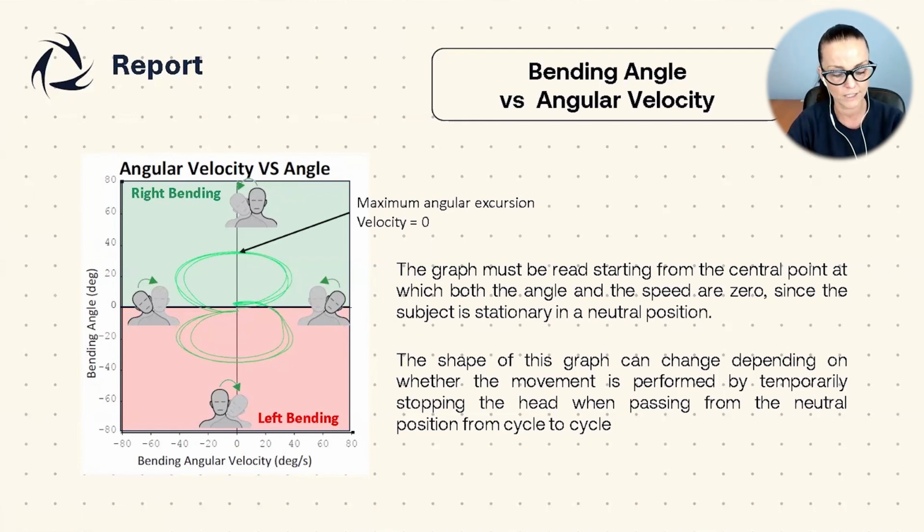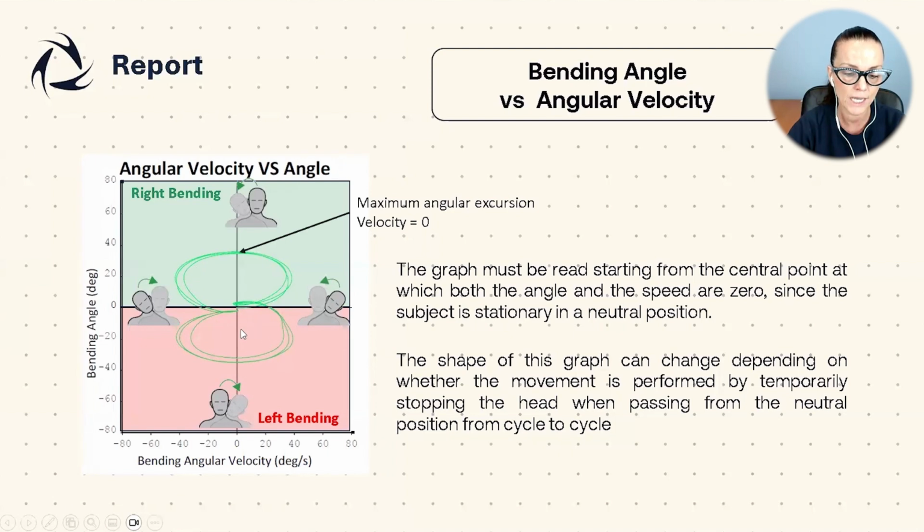Pay attention that the shape of this graph can change depending on whether the movement is performed by stopping or not the head temporarily when passing from the neutral position. In this case, as the head stops when passing from the neutral position, the graph takes the form of the number 8.